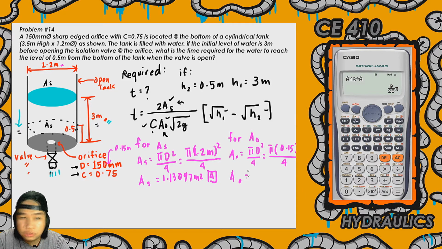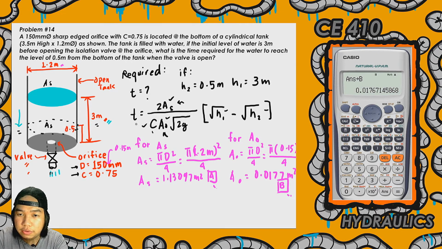A sub O is equal to, so, palitan ko lang to ng 0.15. So, that is 0.0177 square meter. So, mag-store ulit ako. Store ko naman to sa B. So, pwede na nating i-input tong mga values na to sa ating formula.